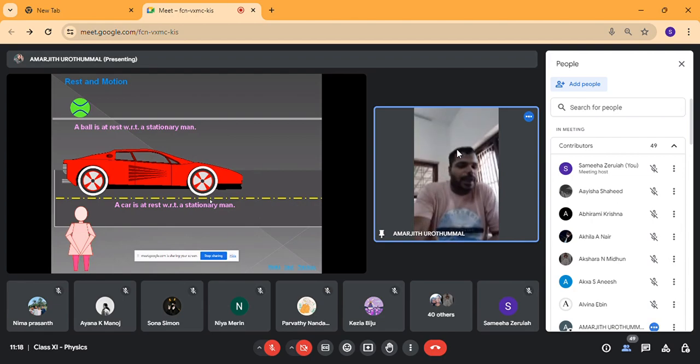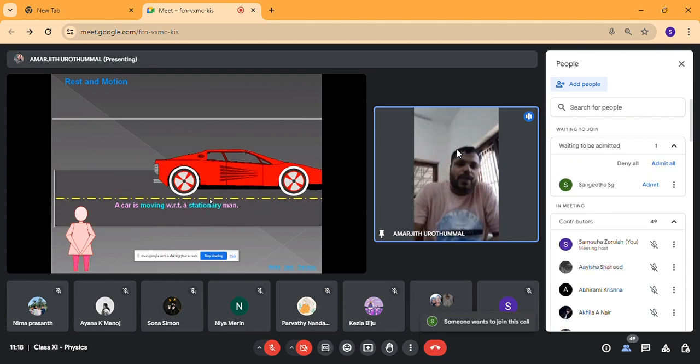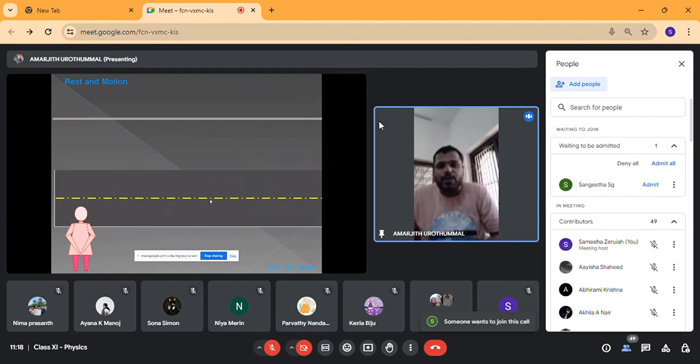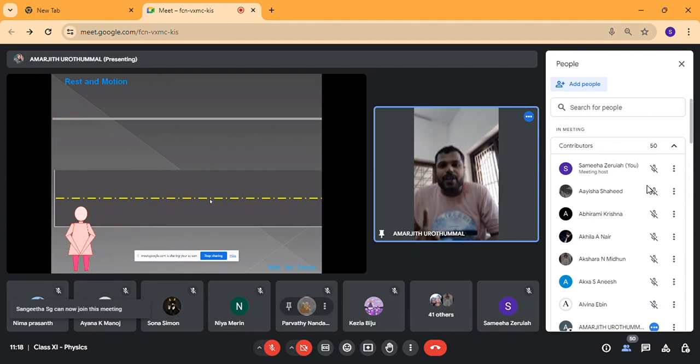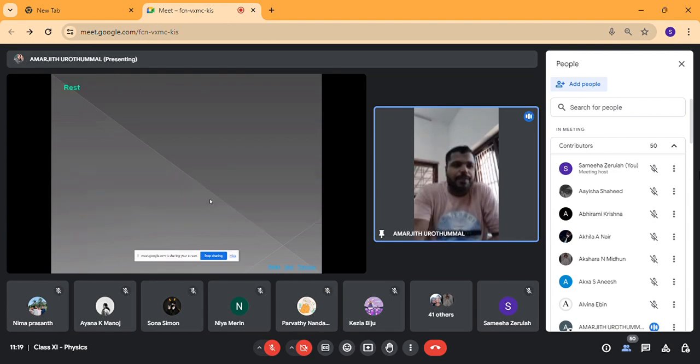Now the ball is moving with respect to that stationary man. Previously it was at rest. The car is also moving with respect to the stationary man. So whenever we say motion or rest, you have to specify with respect to what.